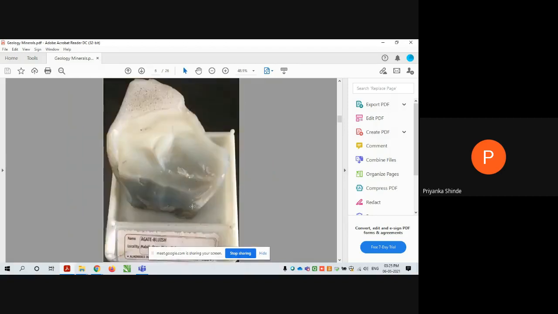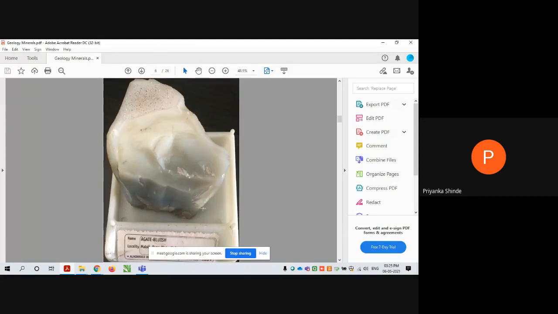Then this is one more quartz whose name is agate, which again occurs in varieties of colors. One special property of agate is that it shows bands. It is not clearly seen in this image, but it has blue color bands.